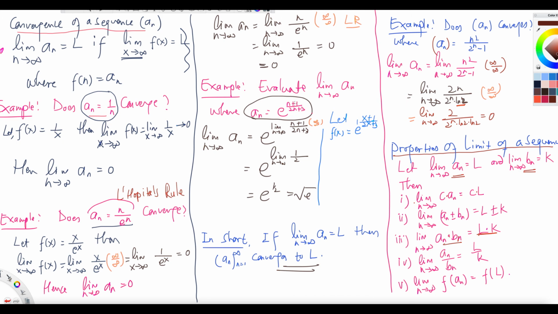Writing the function as e to some b_n, the limit will be e to the limit of b_n. The limit of b_n, that exponent only, is 1/2. So the limit of the function is e to the 1/2, that is root e. That's how we find it. So you can move that limit anywhere you want to.